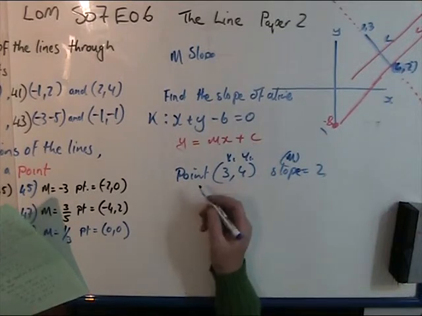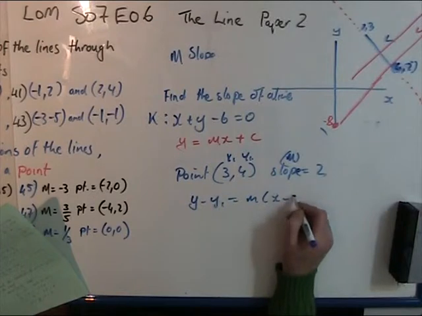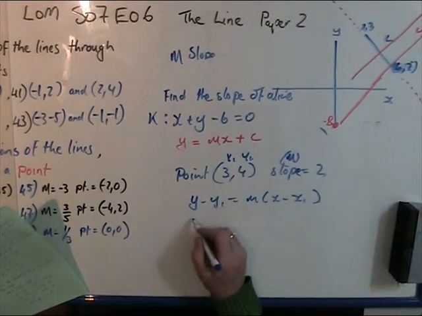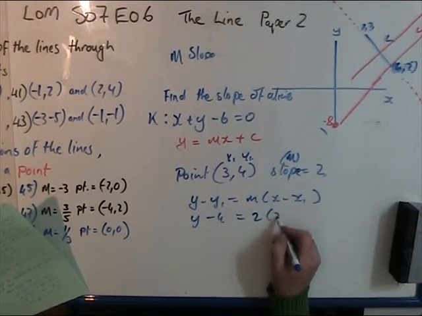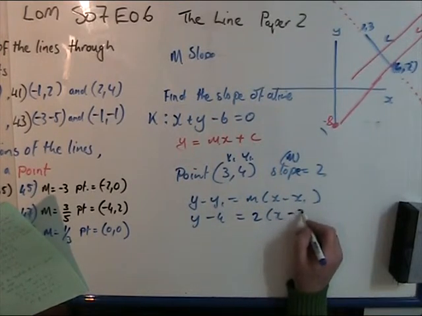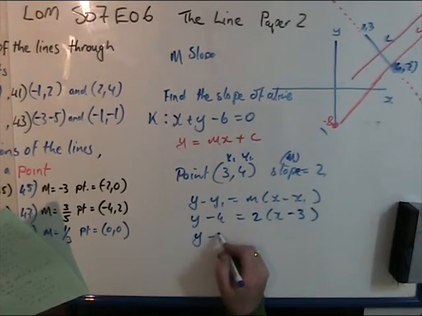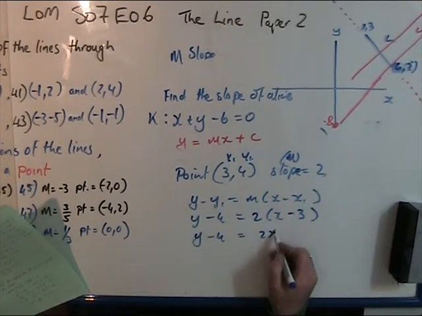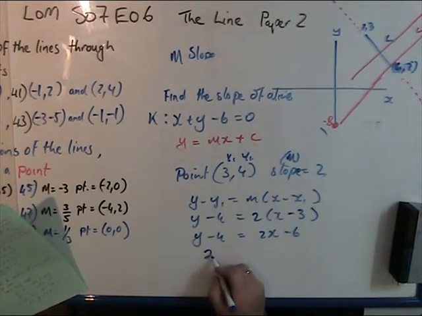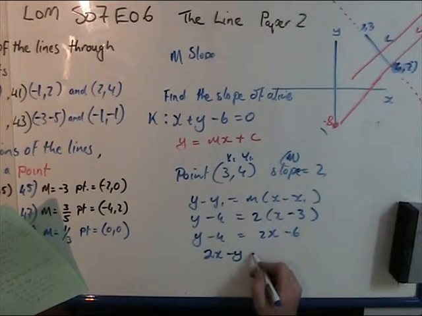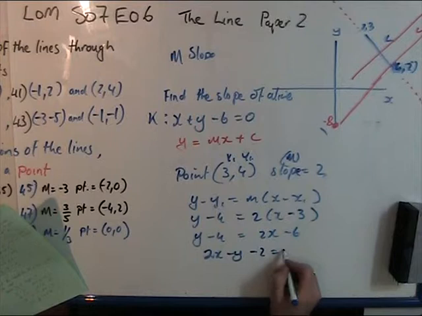So we just put it into our formula: y minus y1 is equal to m times x minus x1. You have to memorize this. So y minus 4 is equal to 2 times x minus 3. You multiply it out, y minus 4 is equal to 2x minus 6. Bring the y over because you want to keep the x positive: 2x minus y, and minus 4 becomes plus 4, minus 2 is equal to 0.